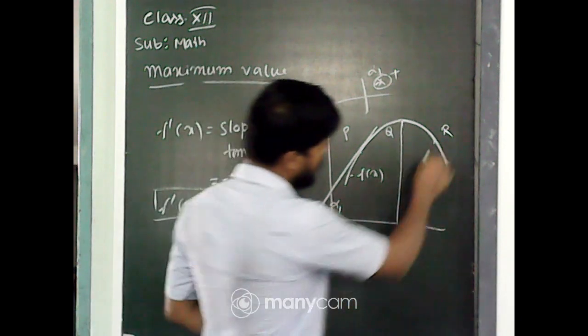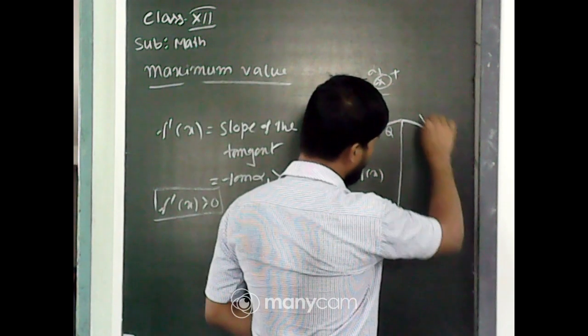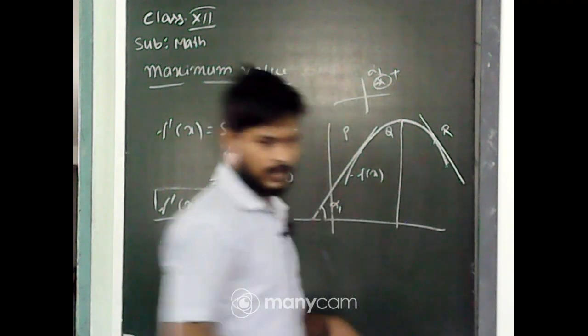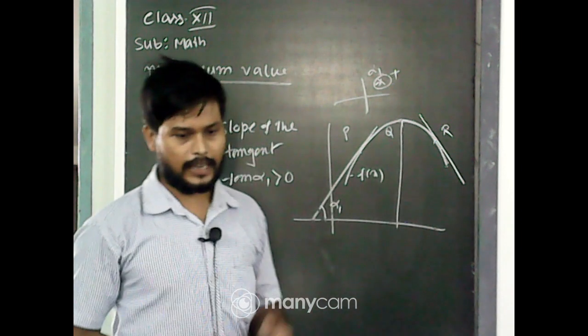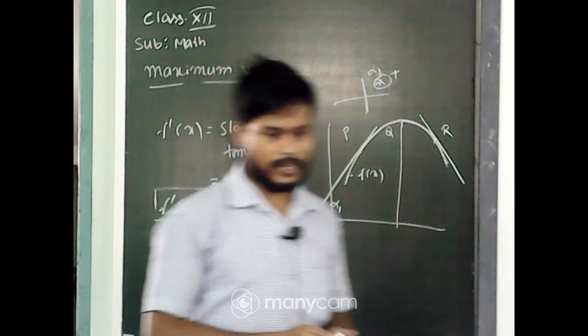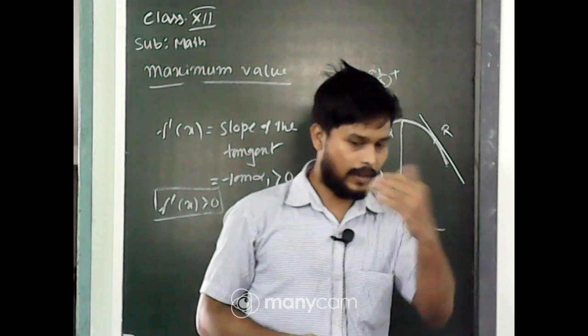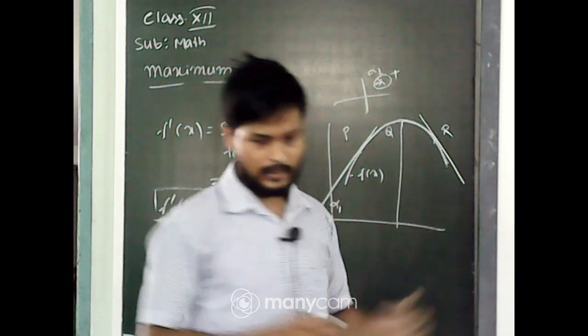Now if I consider another point, suppose R here, and draw a tangent, let this tangent make an angle alpha 2 with the positive direction of the x axis. What will be the range of alpha here?